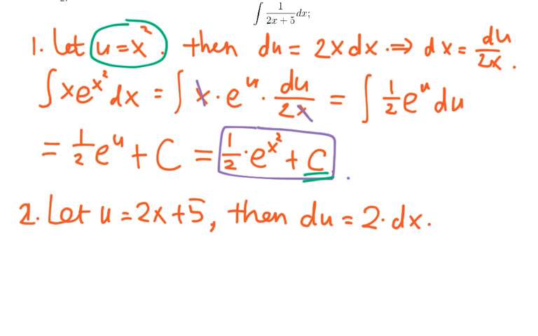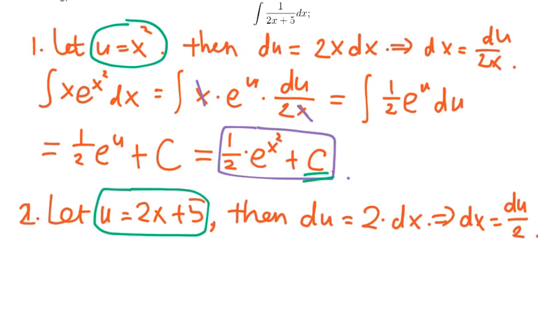Basically we are differentiating this function: on the left-hand side we differentiate with respect to u, and on the right-hand side we differentiate with respect to x, and we will have du equal to 2 dx, and dx is equal to du over 2.